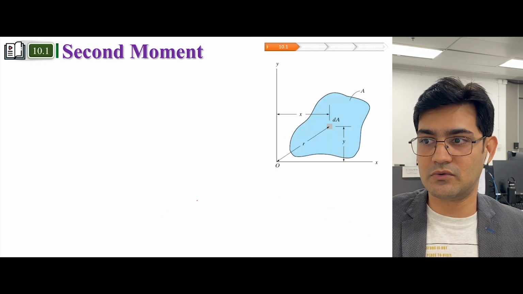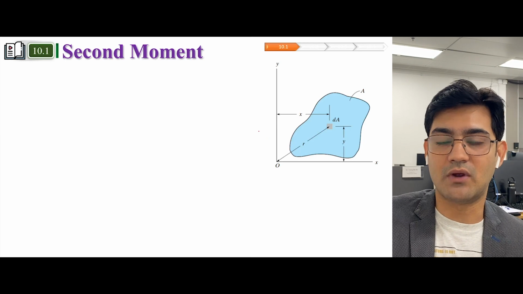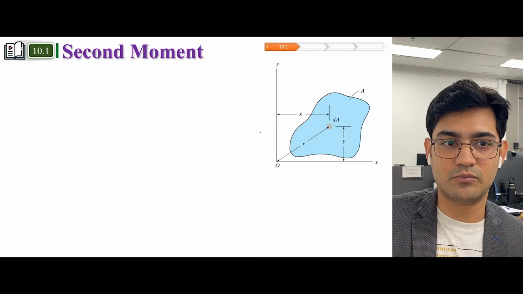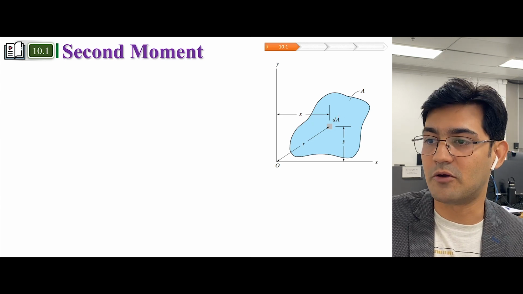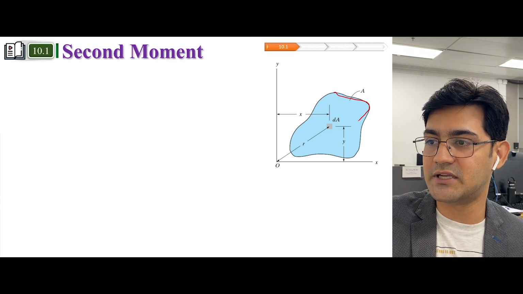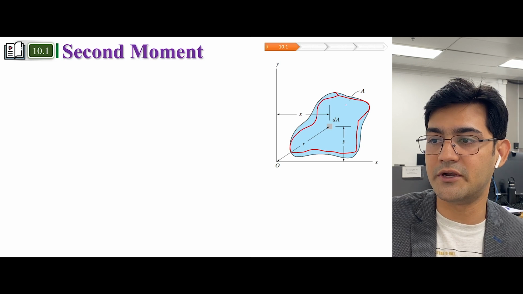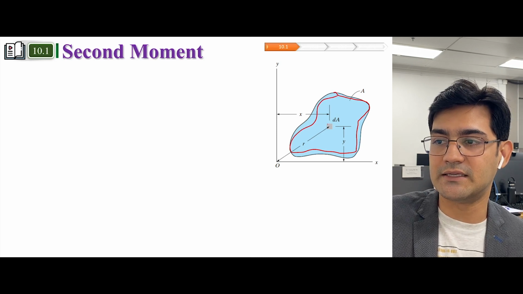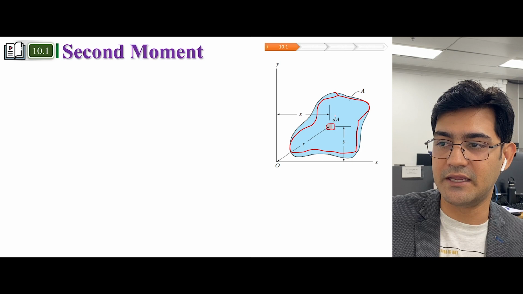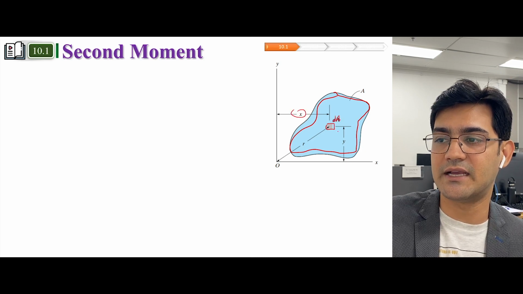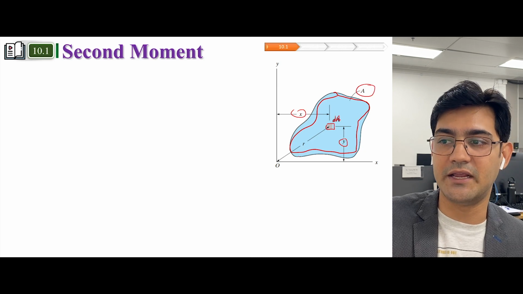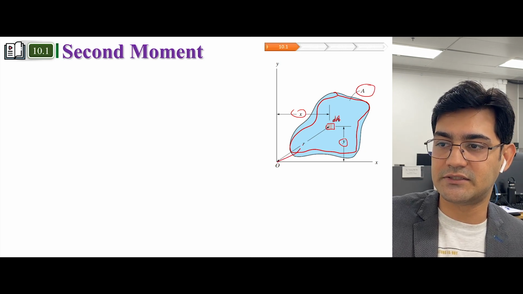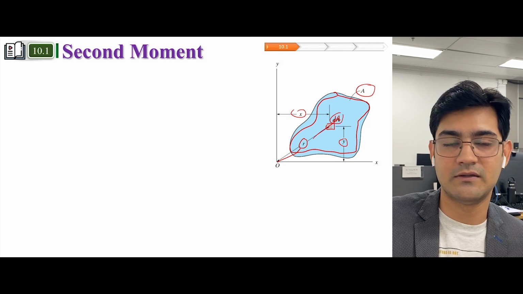Okay, so let's try to understand how this moment of inertia of areas is related with other properties. For example, this is a rigid body, and this rigid body has some area dA at a distance x and a distance y, and overall the area of this rigid body is A, and this is a distance r from that individual element dA.